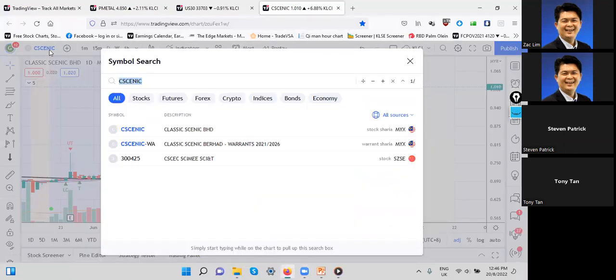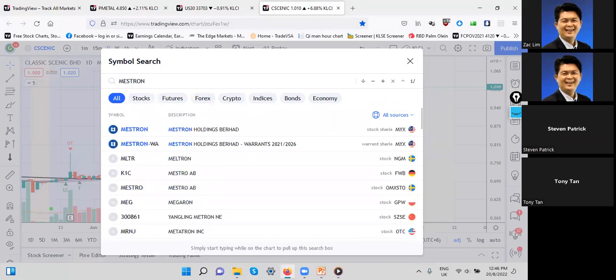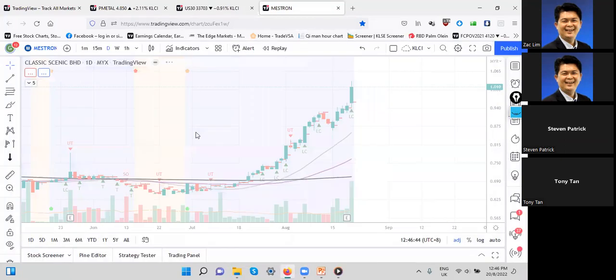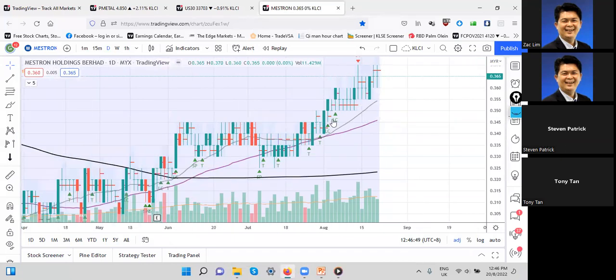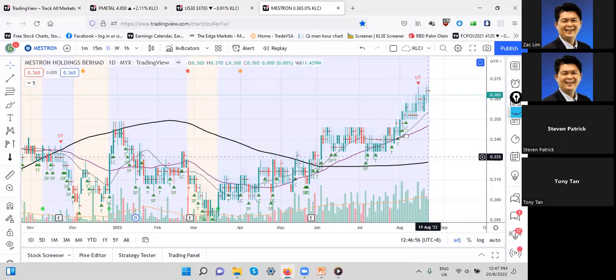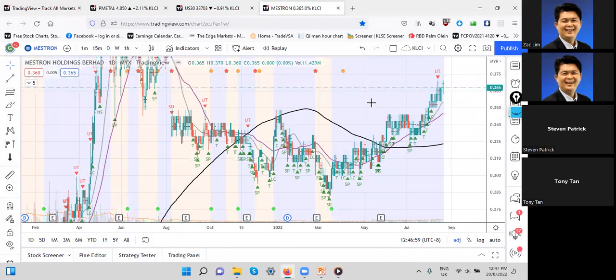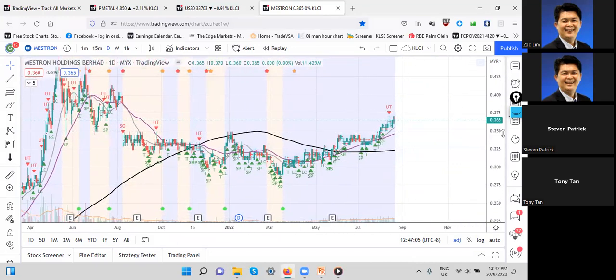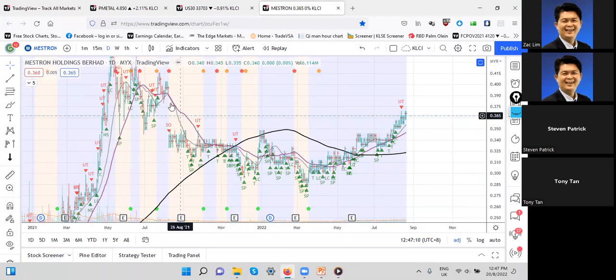Which pullback type to use? Okay, this one here is like a market, a gap down.